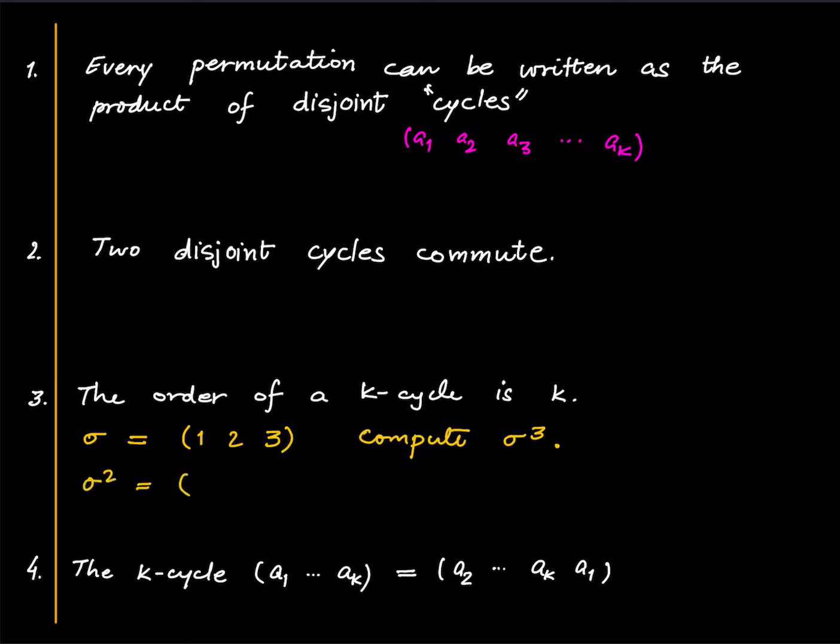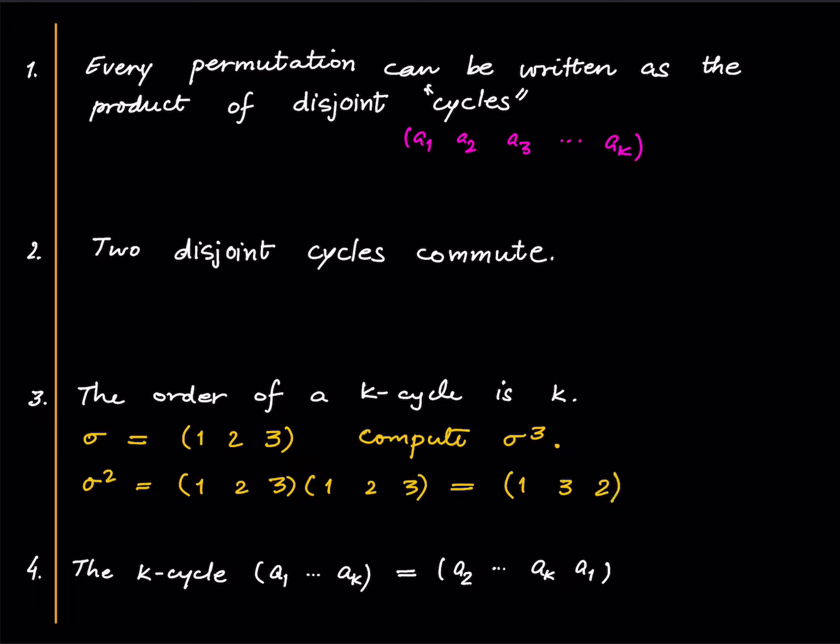Sigma square is 1, 2, 3 times 1, 2, 3. So 1 maps to 2 and 2 maps to 3. So here we will get 1 maps to 3. 3 goes to 1, and then 1 when fed here goes to 2. So this is 2. And 2 maps to 3, 3 maps to 1. So it closes back because 2 maps to 1, and this is your sigma square.